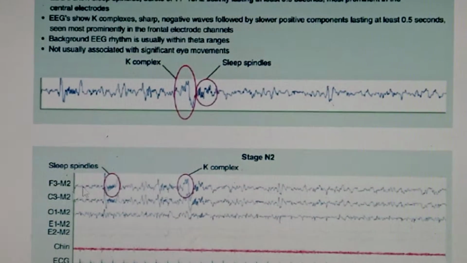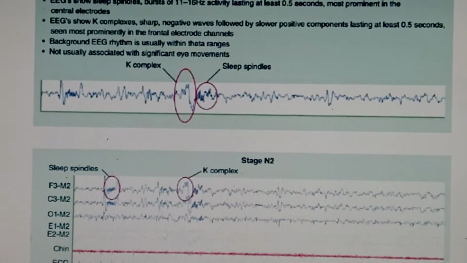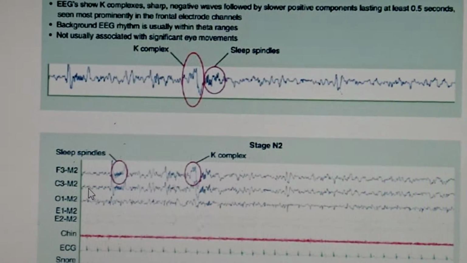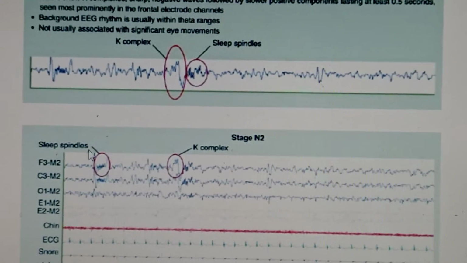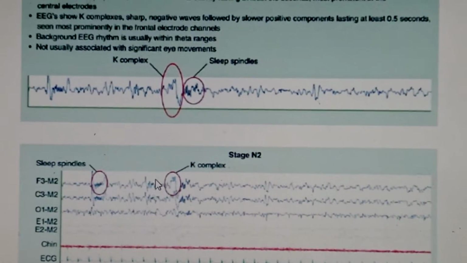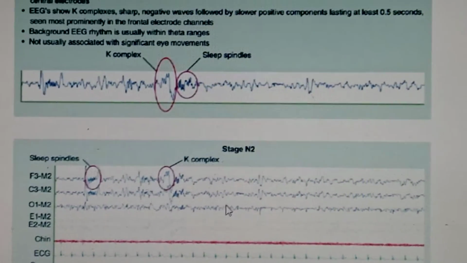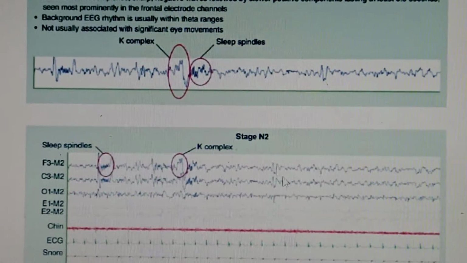Usually you will see the K complex mostly predominant in frontal leads, and sleep spindles you will see in the central leads. But you can see these patterns frontocentrally, and the background is usually theta range.